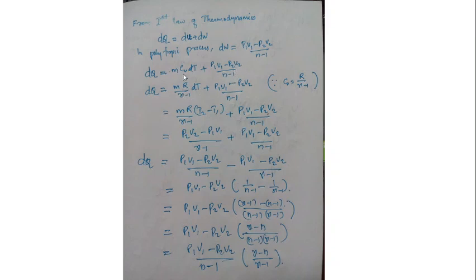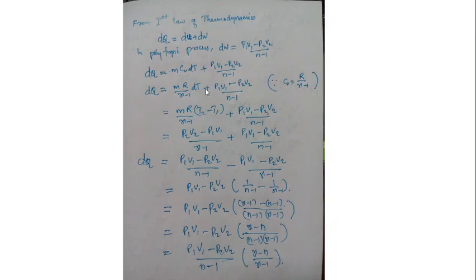Instead of Cv we replace Cv in terms of R and gamma. So Cp by Cv is equal to gamma and Cp minus Cv is equal to R, and using these two equations we will get an expression for Cv, which is R by gamma minus 1. So m into R by gamma minus 1 into dT plus P1 V1 minus P2 V2 by n minus 1.